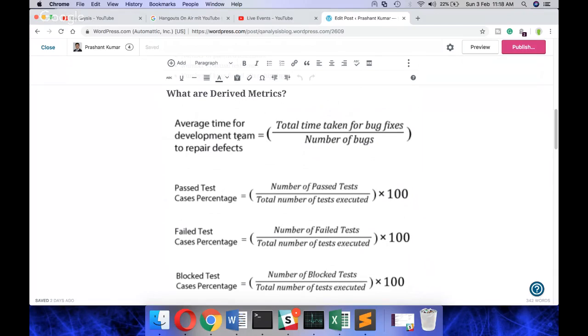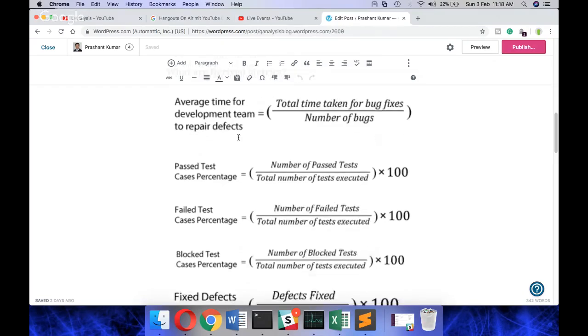So 900 by 10,000 into 100 will give you the failed test cases percentage. Similarly, for blocked, you take the number of blocked test cases by the total number of test cases executed, into 100. In the previous case, we had 9,000 passed, 900 failed, and 100 blocked. So 100 by 10,000 into 100 will give you the blocked test cases percentage.